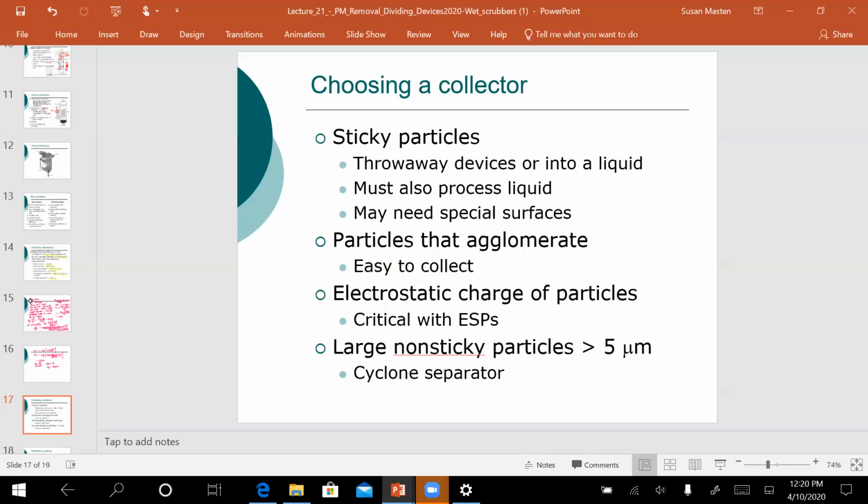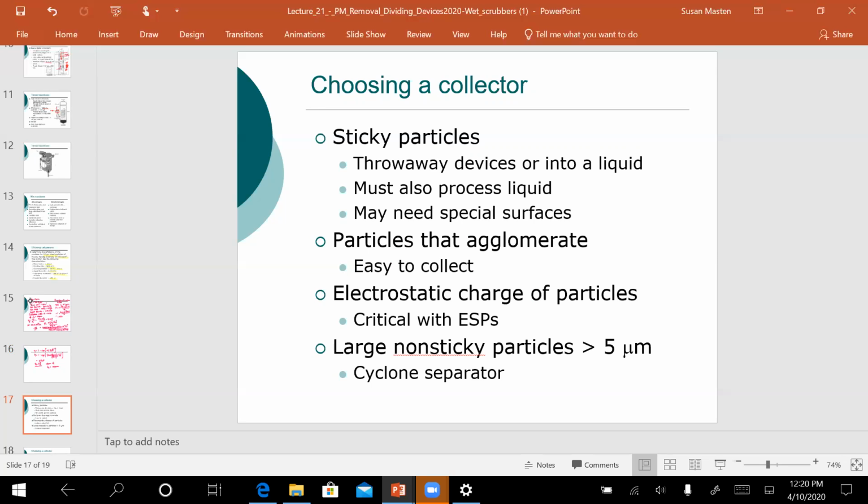Now, particles that tend to agglomerate, so they tend to attach to one another, so the particles actually grow in size. That typically makes them easier to collect. You want them to be able to contact one another and agglomerate, but you don't want that agglomeration to occur on the wall. Okay, now then you've got that sticky particle problem, and you have the problem of then trying to remove that particle from the wall.